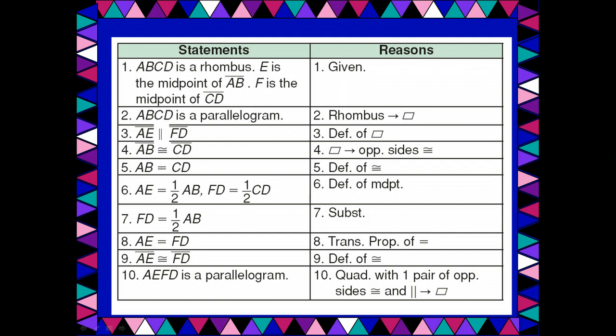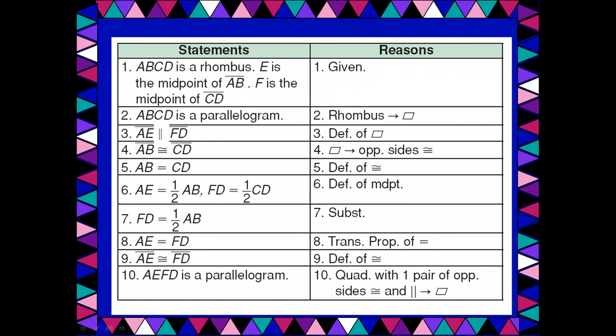That means that segment AB is congruent to segment CD because if a quadrilateral is a parallelogram, the opposite sides are congruent. AB then is equal to CD, definition of congruence. AE equals half of AB, and FD is half of CD by definition of a midpoint. FD equals half of AB by substitution.